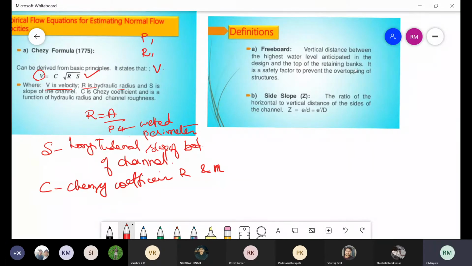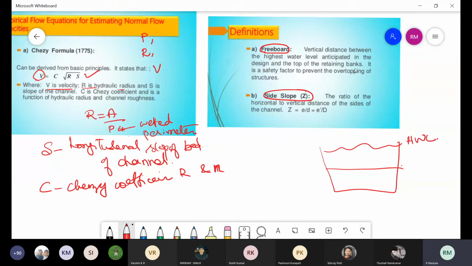Then next are some definitions for these things. For the design of channels, we will be choosing the freeboard and side slope. What is a freeboard? Suppose this is your cross section. Freeboard is the vertical distance between the highest water level anticipated in the design and the top of the retaining banks. So you will be having the retaining banks, and this is going to be your freeboard.